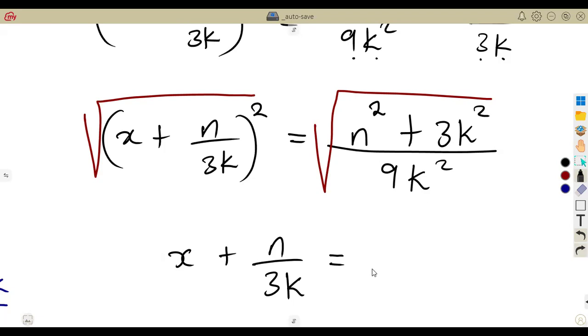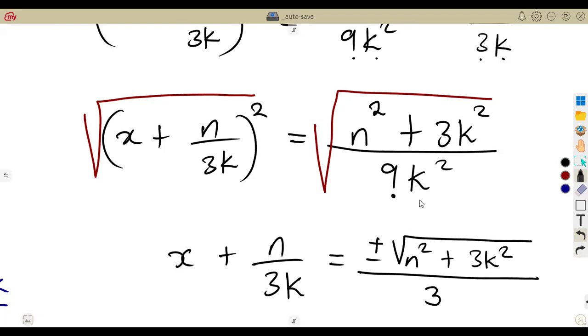The numerator, yes, we cannot simplify that, so it will be plus or minus the square root of n squared plus 3k squared, over the square root of 9, that is 3, times the square root of k squared, which is k. We can determine that square root. Unlike the previous case, where we had another method, and we could not have even a single fraction. It was one fraction separate from another fraction.